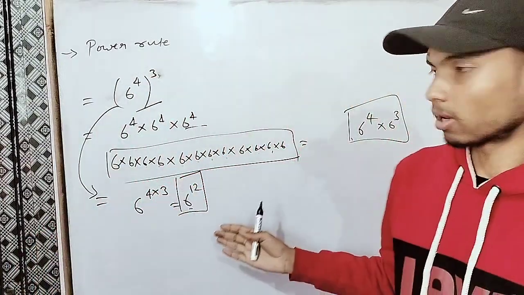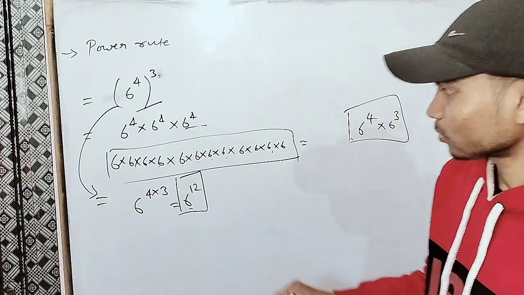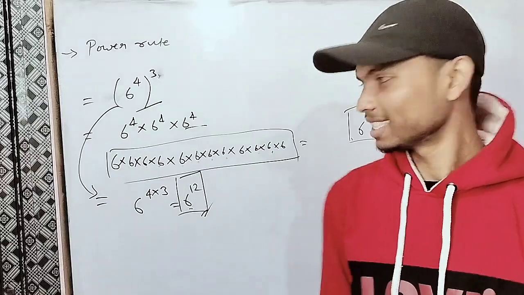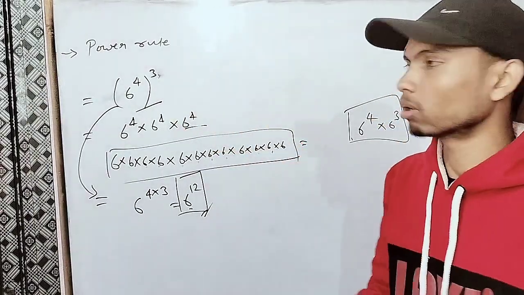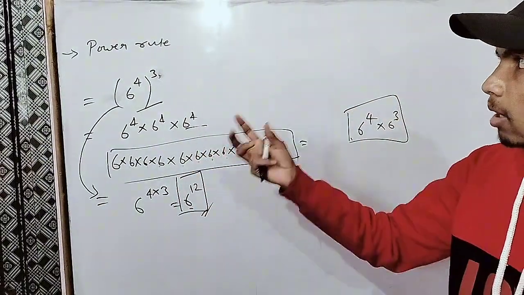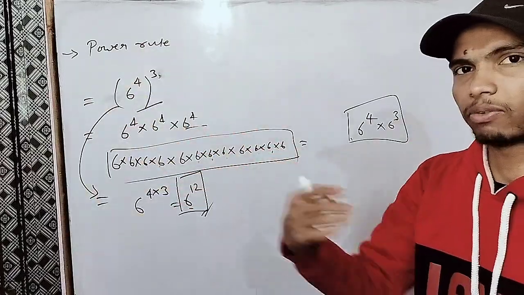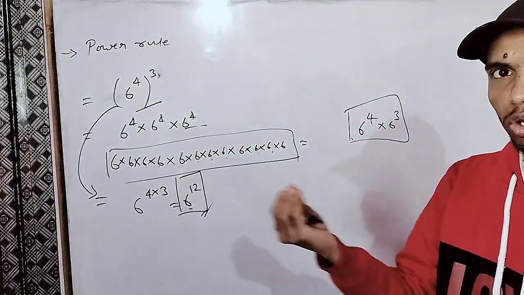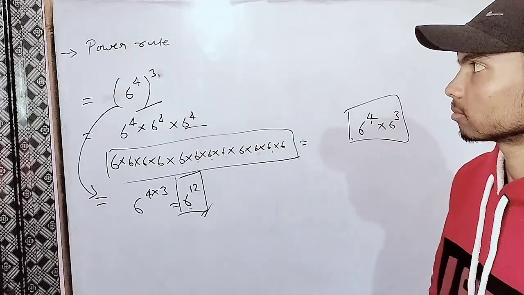We have a proof as well. So this is a way to write in short. Clear? So if we have a problem like that, we can solve it by using the power rule. The power rule says to just multiply all the exponents whatever we have.